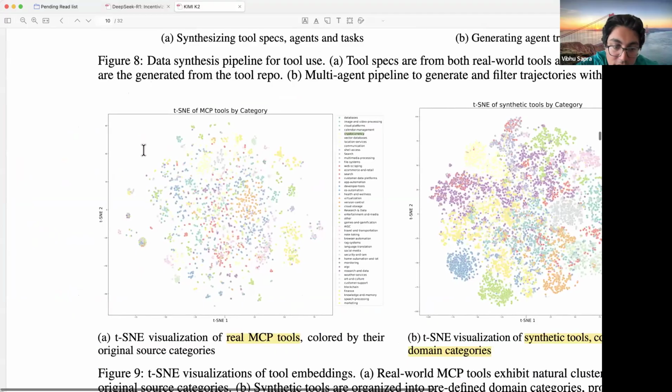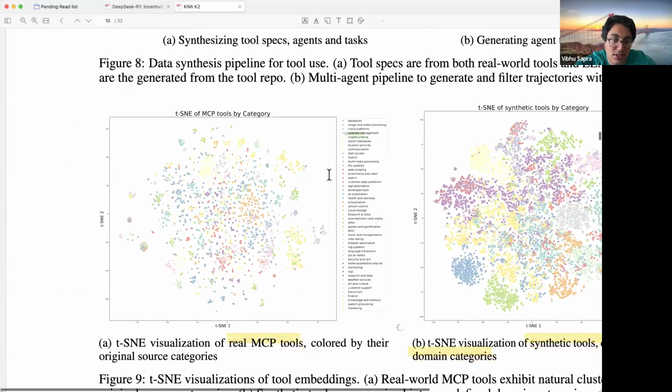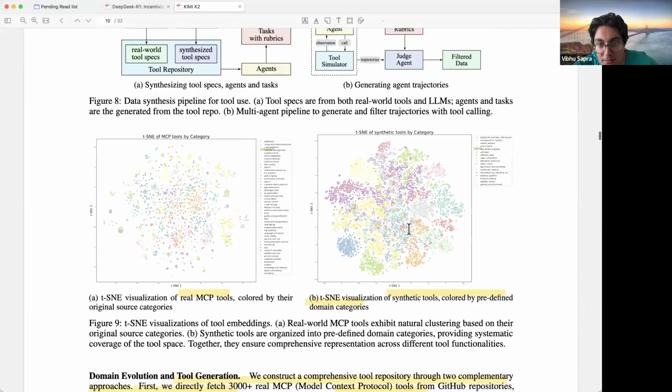How many categories do you have here? You have 10,000 tools, and how many colors do we see? I see maybe 30, 40 colors. So yes, tools are doing similar categories of stuff, but even if you have a tool in the same category, as long as it has different descriptions, different ways to use it, different steps, it's still useful.